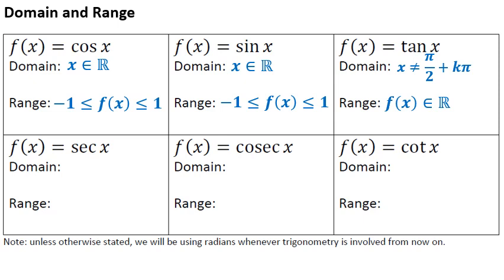Now for sec x. Sec is the reciprocal of cos, which means we can think about what numbers can go into sec by considering what numbers can go into cos, but we also have to be a little bit careful. Just because cos is well defined doesn't mean sec will always be well defined.